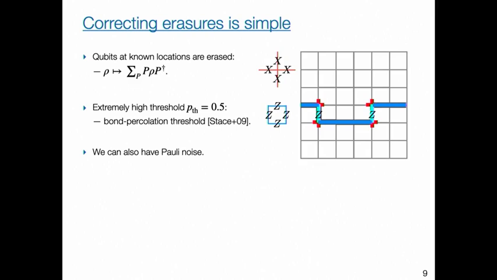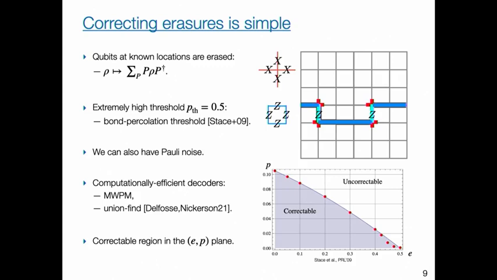So far I was talking about erasures, but we can sprinkle some Pauli errors, and it turns out that we can immediately apply the tools that I briefly discussed to that problem too. You have the minimum weight perfect matching decoder with adjusted edge weights, or you use the union-find decoder, and it all works well, and we can correct errors.